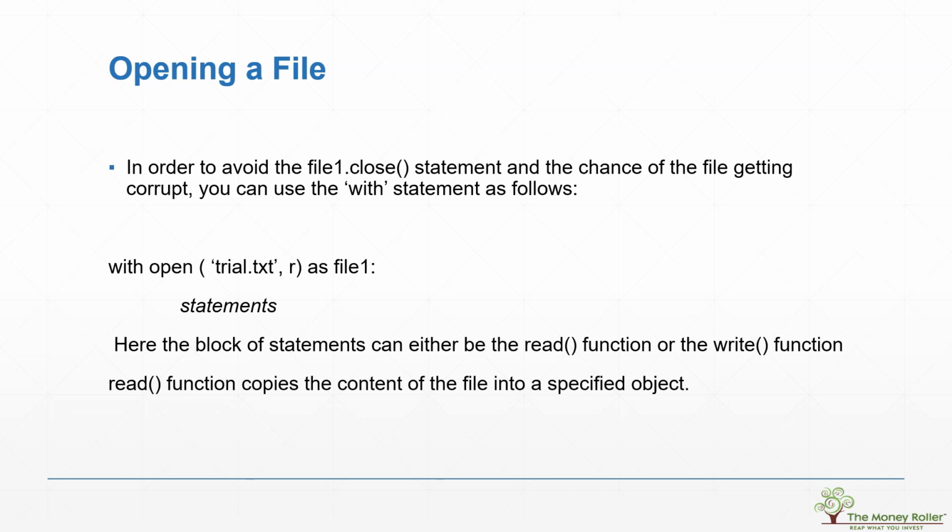So if you use with, you do not need to use the close statement, and it's much safer to run a file when you do the coding with the with open statement. Instead of open something, you do with open trial.txt, then you put the mode, and then you put the variable name out here, file1, and then you put your statements. So out here, the block of statements can either be read. So now you're done with opening a file. Okay, now our topic was reading and writing a file.